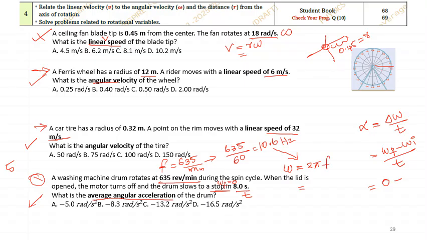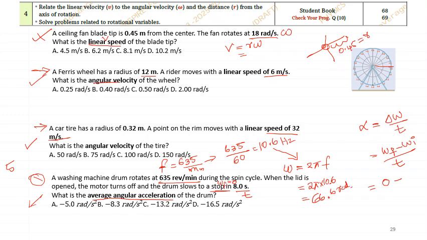It will be 2 into pi into 10.6. So you can get the value. It will be 2 into 10.6 into 3.14, which will become 66.6 rad per second.